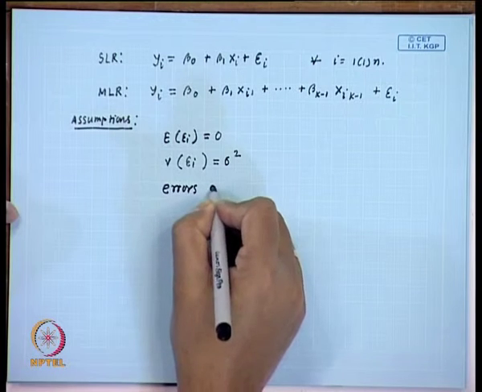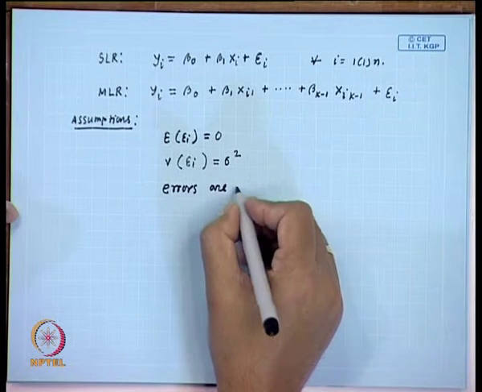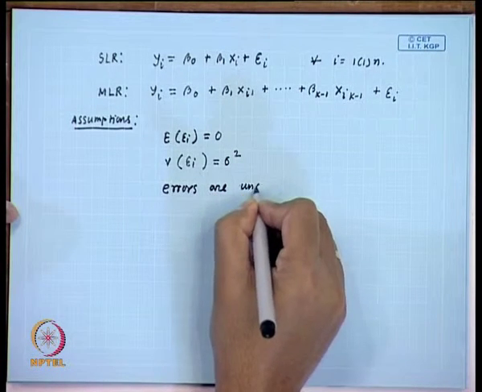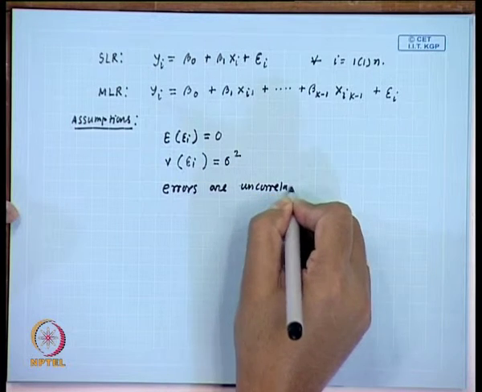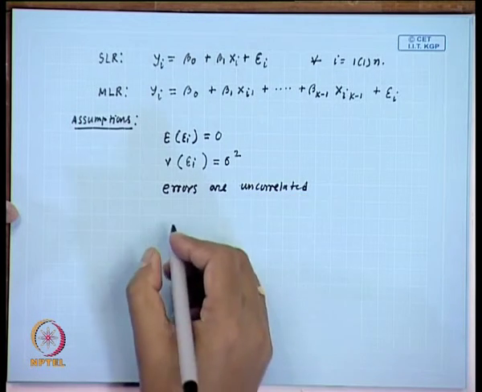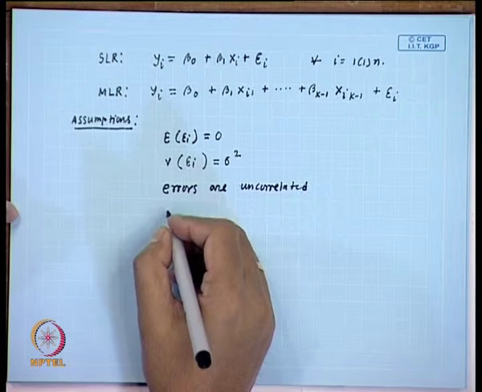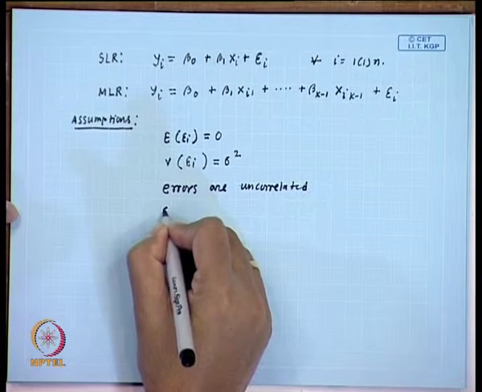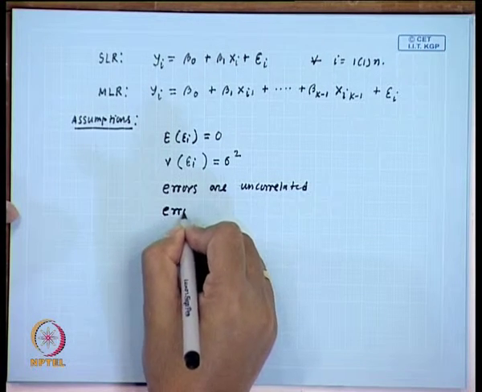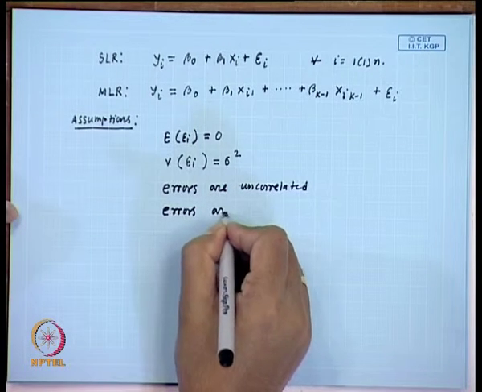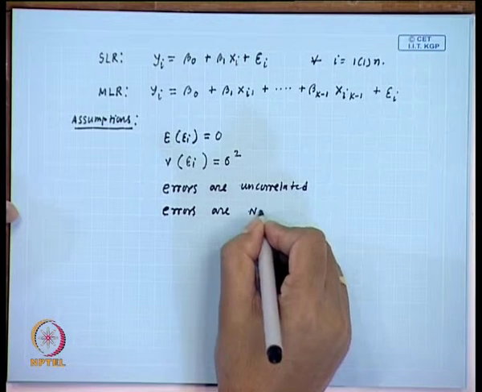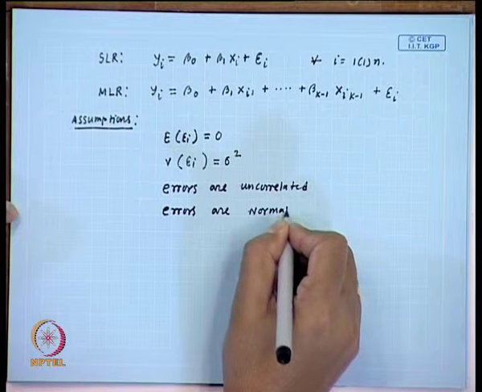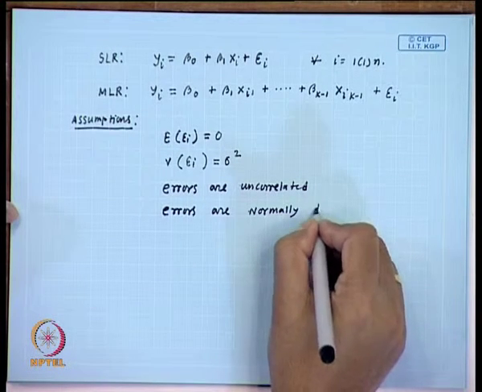Errors are uncorrelated, and also we assume that the errors are normally distributed.